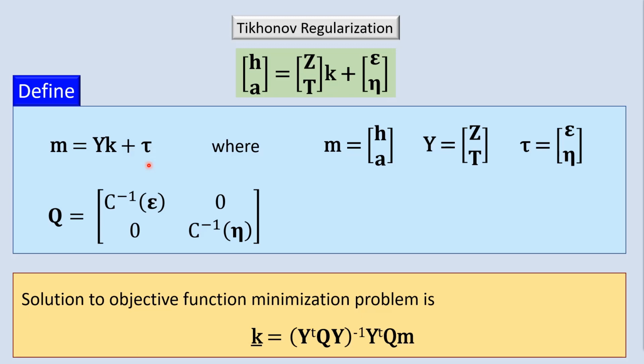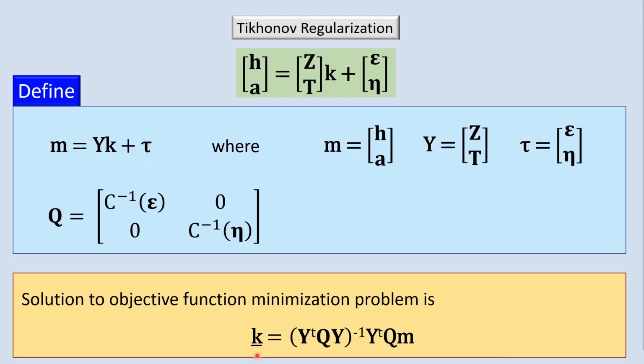And if the problem is well posed, if Tikhonov regularization has achieved its end, the solution to the objective function minimization problem we have shown in other videos is given by this equation.